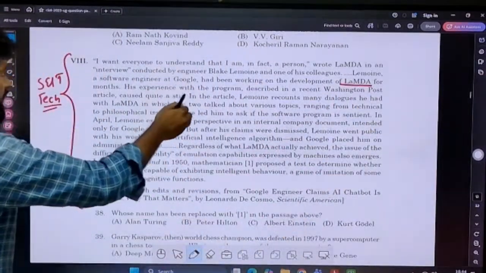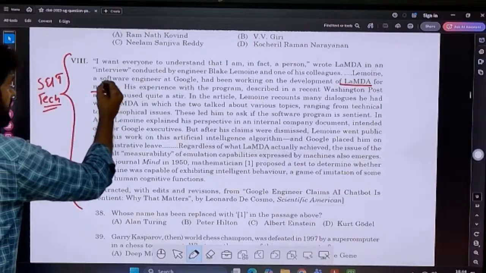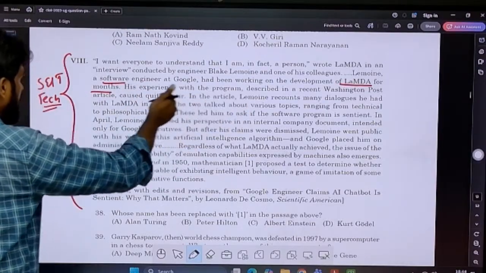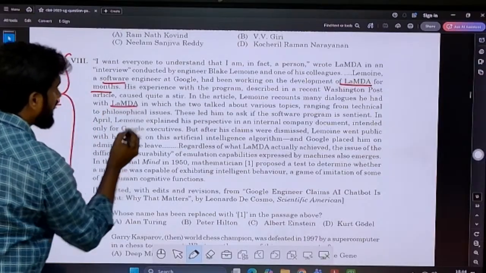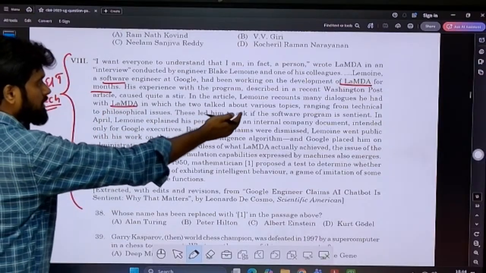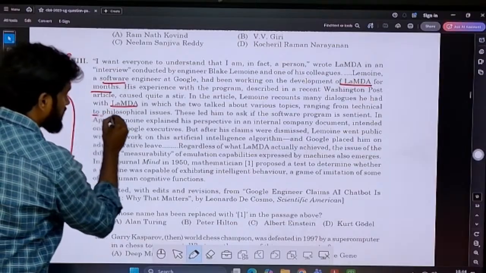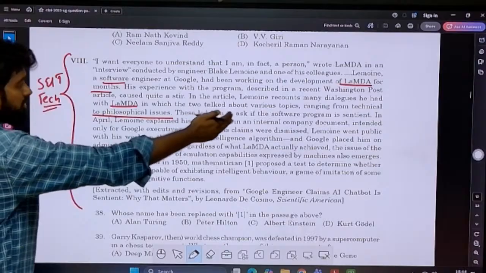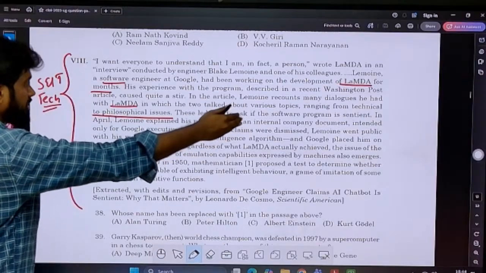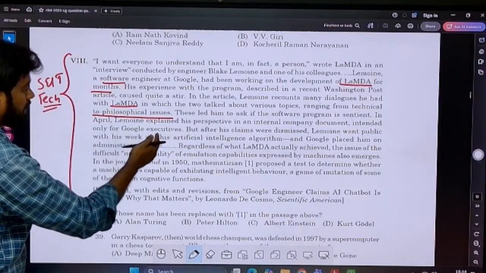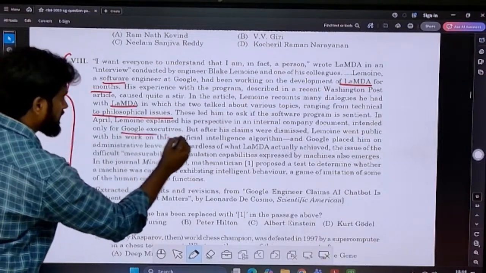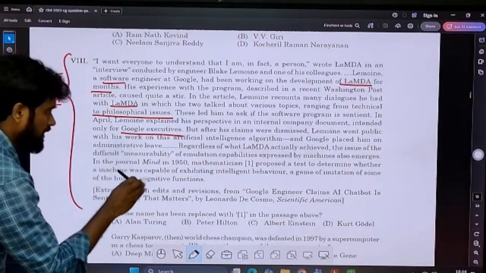It's a software. It talks about Lemoine, who recounts many dialogues he had with LaMDA, in which the two talked about various topics ranging from technical to philosophical issues. These led to the question of whether the software program is sentient. Okay, in April, Lemoine explained his perspective in an internal company document intended only for Google executives. Okay, so it was talking about what?